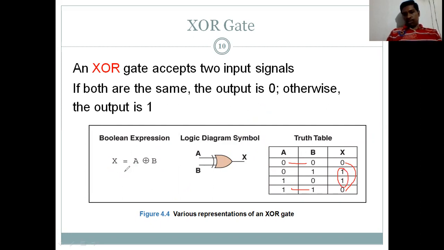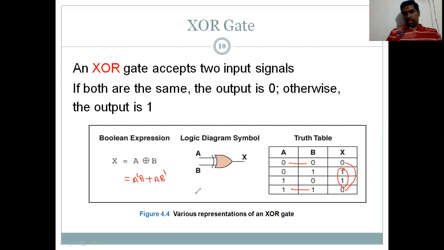So what is the original expression? Original expression is A bar B plus A B bar. This is very, very important. The original expression of this XOR is nothing but A bar B plus A B bar.